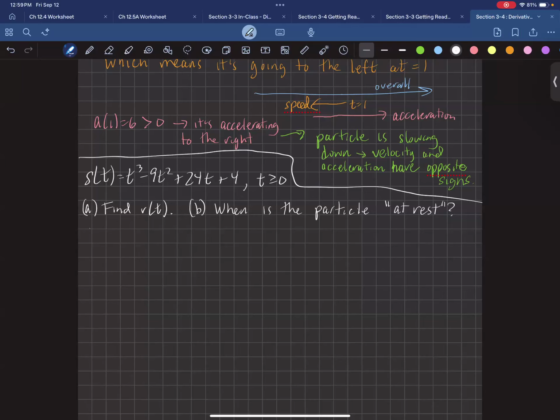Then C, what time intervals is it moving from left to right?